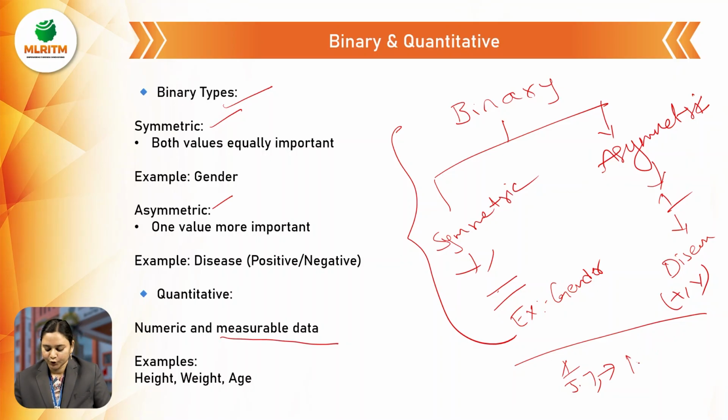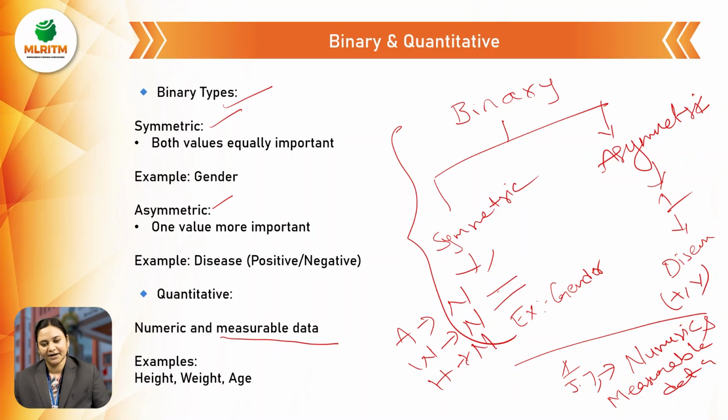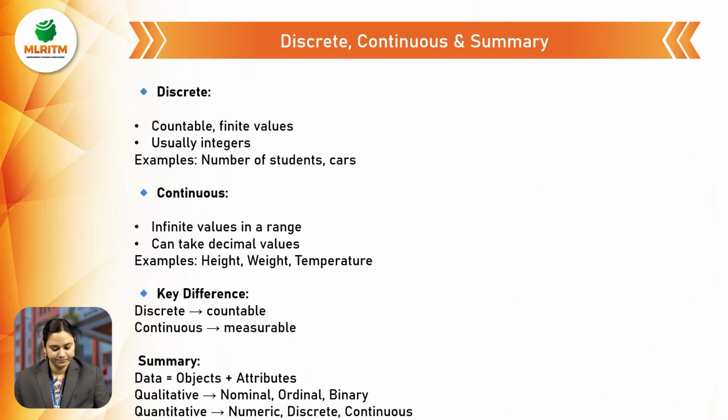Quantitative is numeric and measurable data. For example, height, weight, age. Age we represent in numeric, weight also in numeric, and height also in numeric. So quantitative is numeric and measurable data.